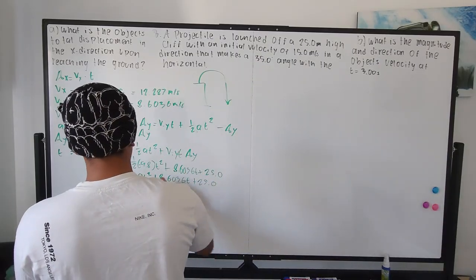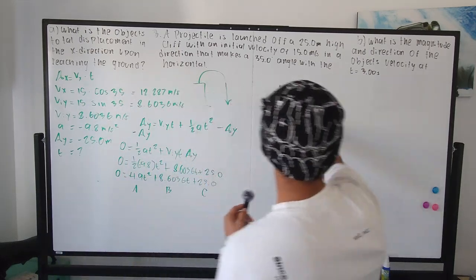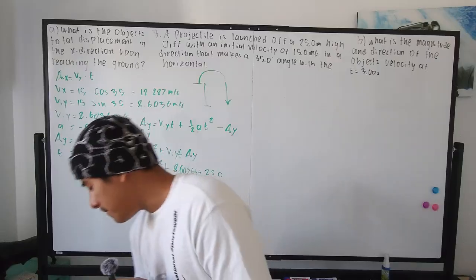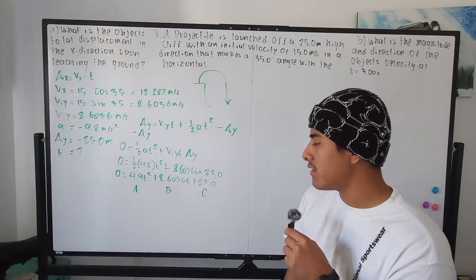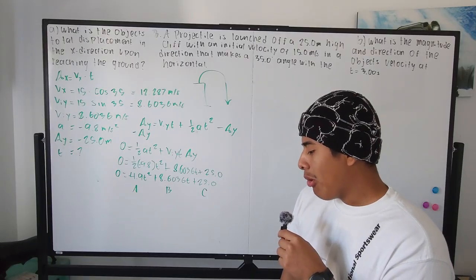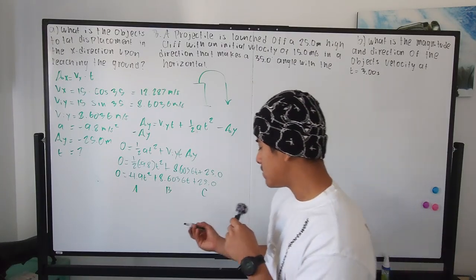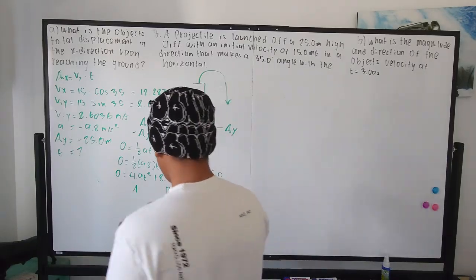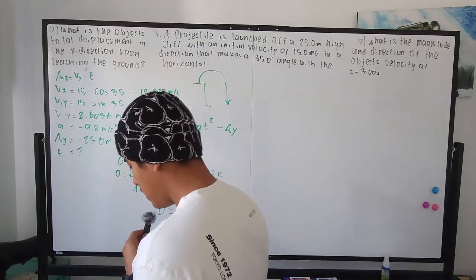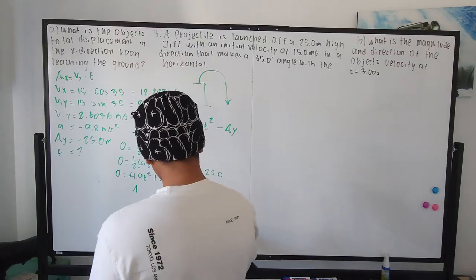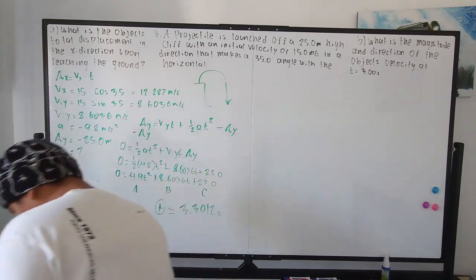This is my A, this is my B, and this is my C. I'm not going to show how to solve for the roots, but you just plug this into the quadratic formula, and one answer is going to be negative, the other answer is going to be positive, and the positive answer, which is the right answer because time can only be positive, is going to be 3.3012 seconds.